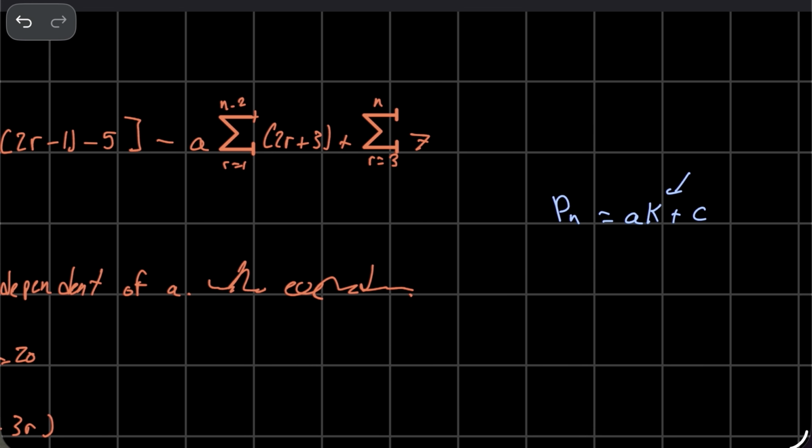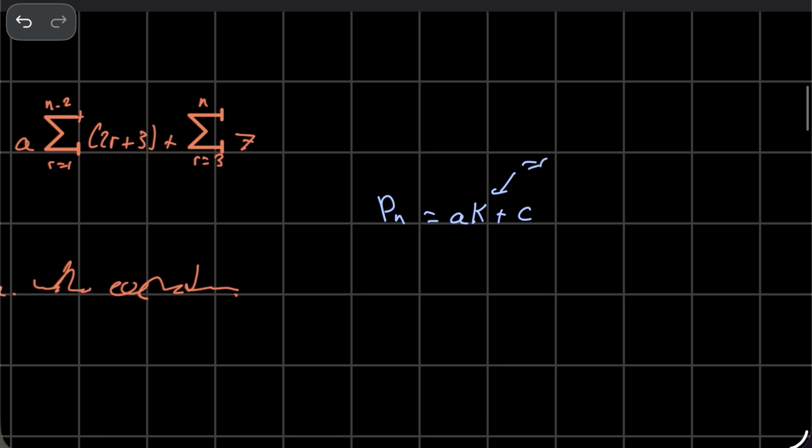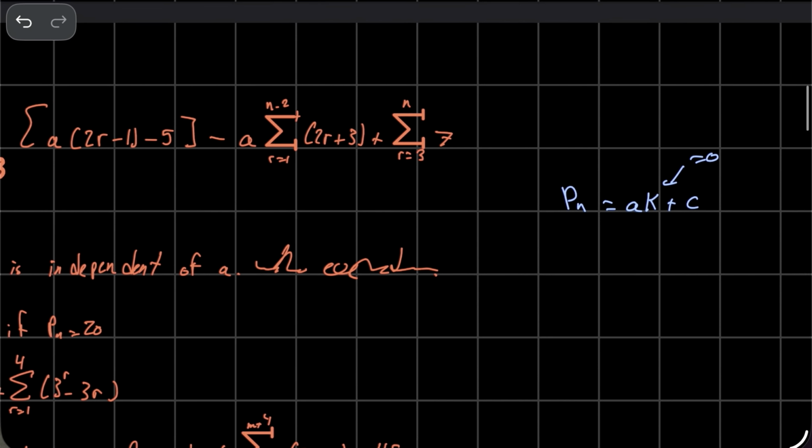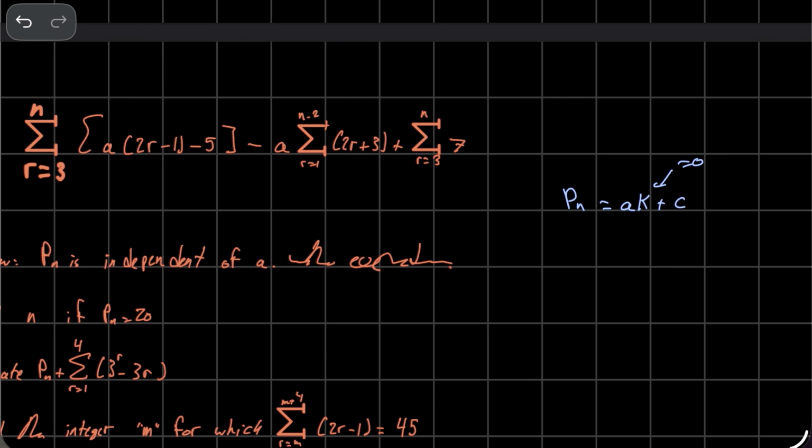The main idea here is that we want to prove that K equals 0. Why is that? Because if Pn is independent of A, it means that every coefficient of A, or their sum, has to be 0.